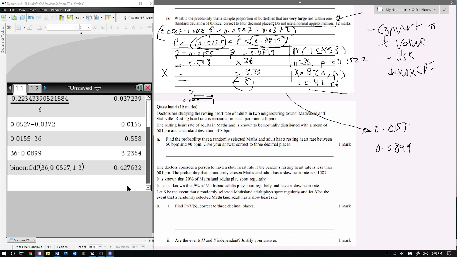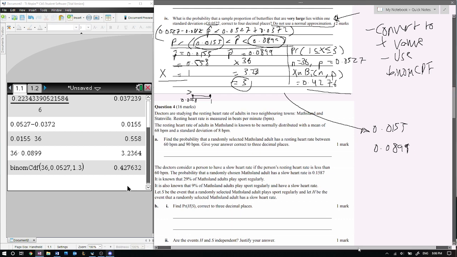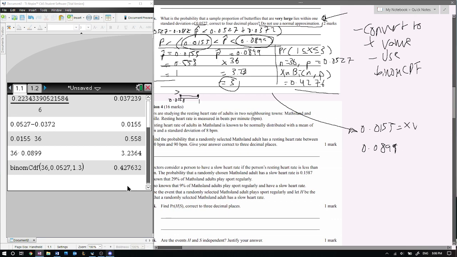And of course, when we want to find the actual number of something from a percentage, we times the percentage by the actual number. So converting from proportion to the x value, you just times by the population number to get the x value. So if you didn't get any of what I said, just learn this. To get the x value, times the proportion by the n value, or by the population.